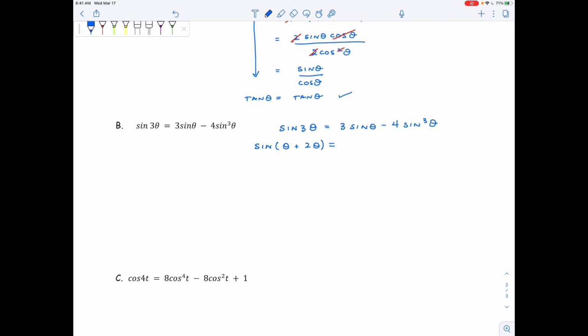And then from there, what you want to do is expand this using your sine of a plus b formulas. So take a minute, expand that left side, and then we'll see what we need to do to continue breaking it down so that we can get this right-hand side.